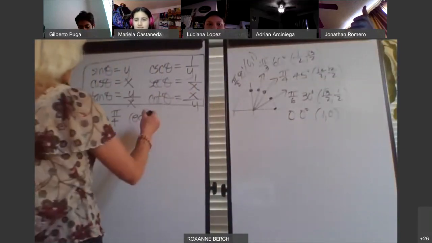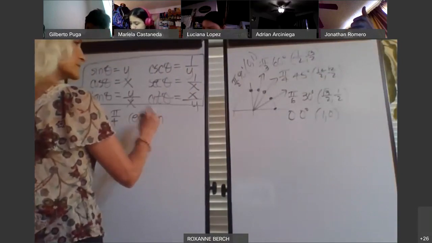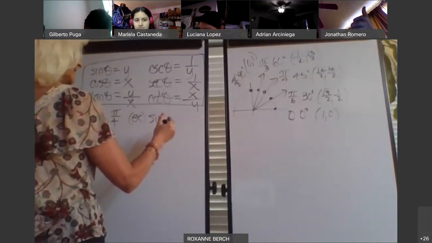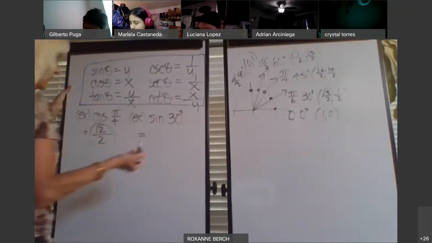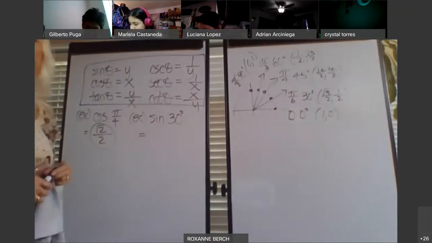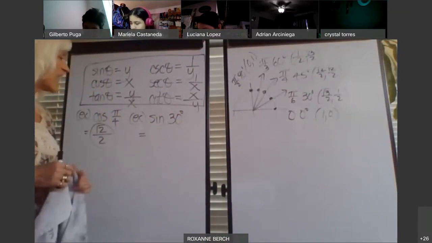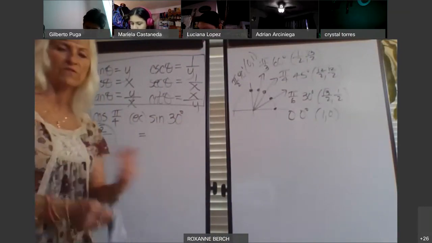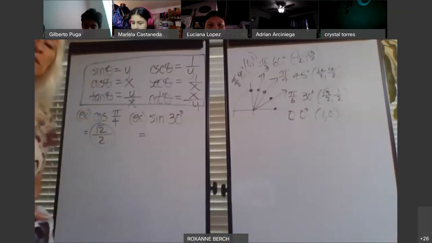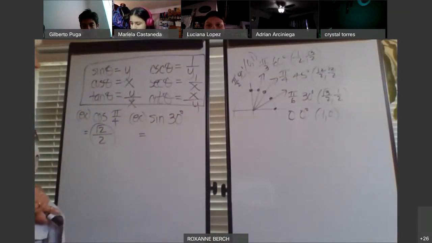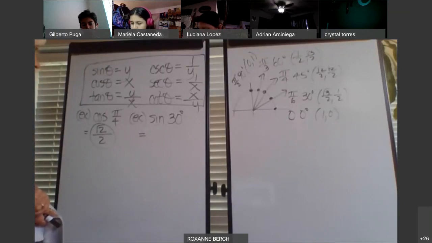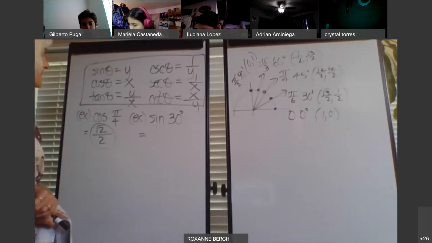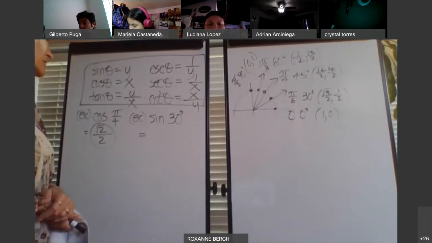All right, here we go. Let's try another one. Okay, so you do the problem. What's the sine of 30 degrees? Notice I'm going back and forth with degrees and radians. Pretty soon we'll just be working with radians. So right now, just working with the reference angles.